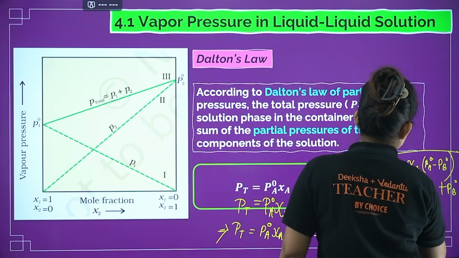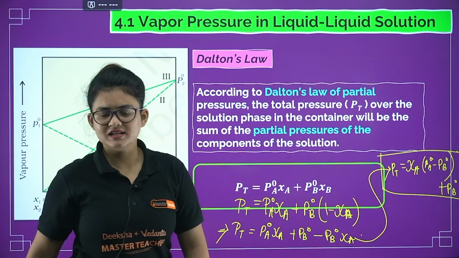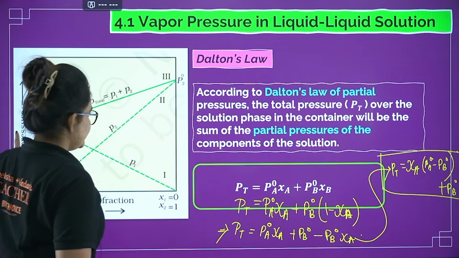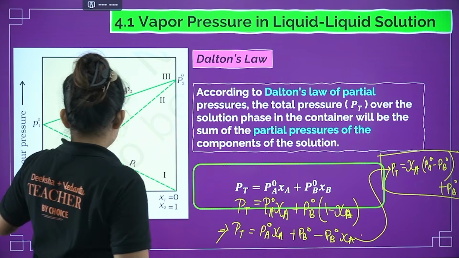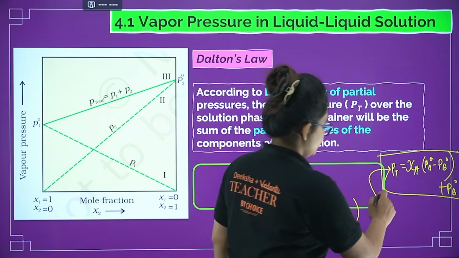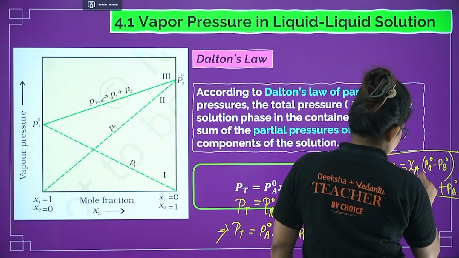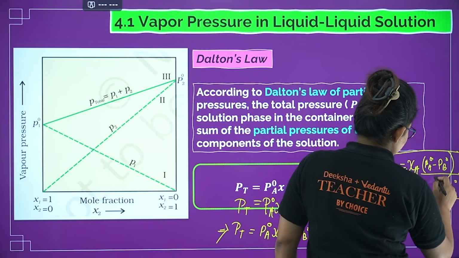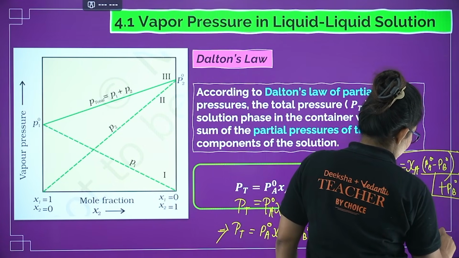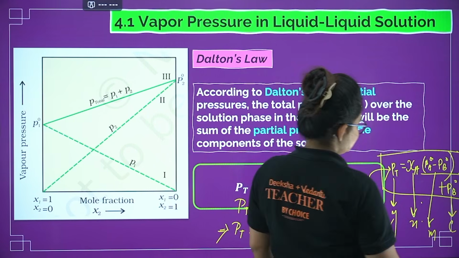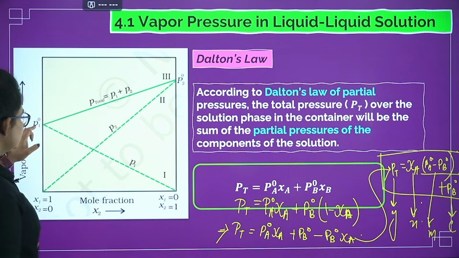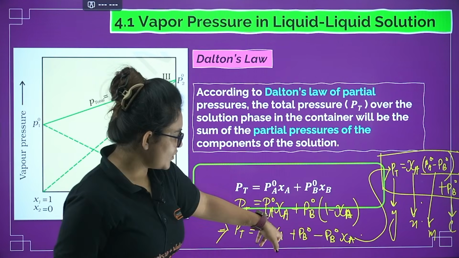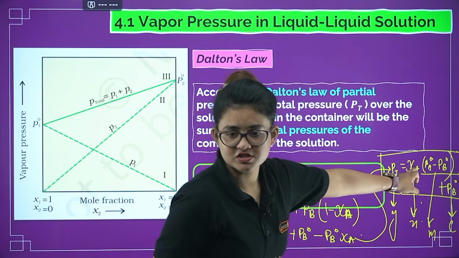So if you just look at this particular equation, it's nothing but a straight line equation, right? So the vapor pressure, that is PT, with respect to mole fraction: here this is my Y, this is my X, PA0 minus PB0 is my M, the slope, and PB0 is the C, that is the intercept. You can see here P10 or PA0, anything, for the two equations. With this respect I am getting this equation, one line.